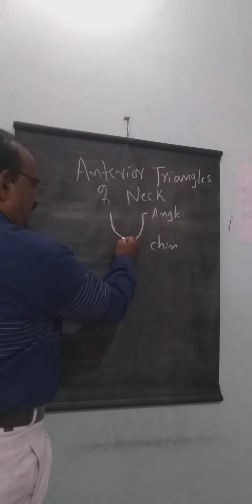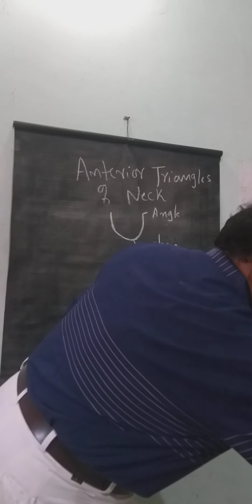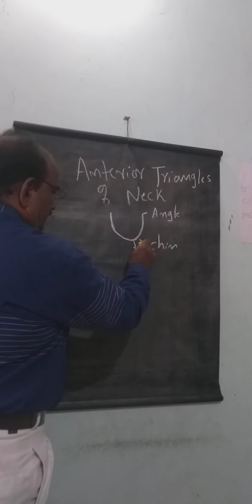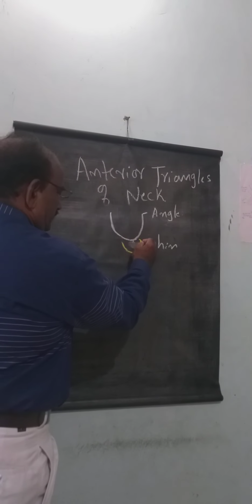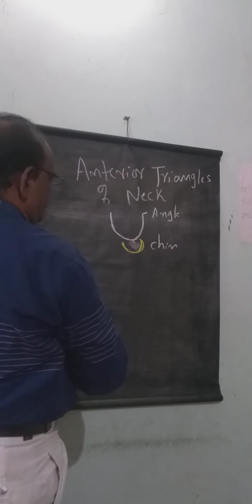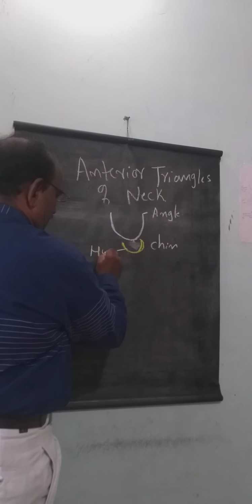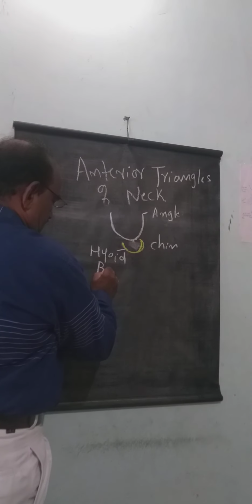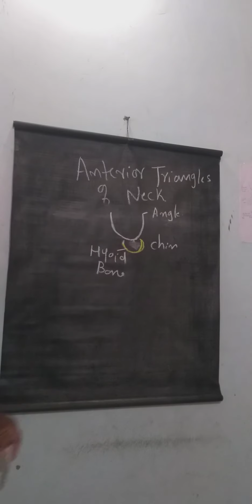Then, just behind and backwards, there is the body of the hyoid bone, which is U-shaped.